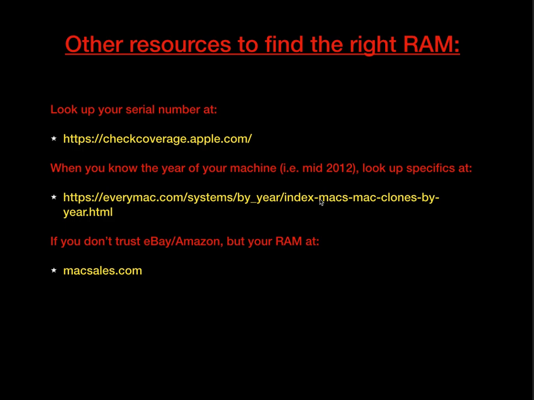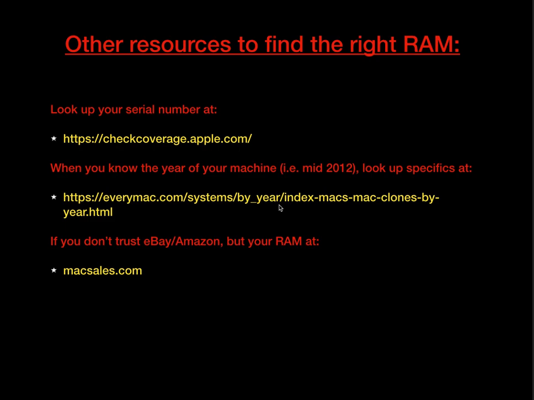Identify your particular MacBook by processor speed and, for example, mid-2012 MacBook Pro 13-inch, and then it will give you an entire list of specs and information for that particular machine. Go down to the RAM section. It'll tell you the max RAM. It'll tell you the bus speed, everything you could need to know.